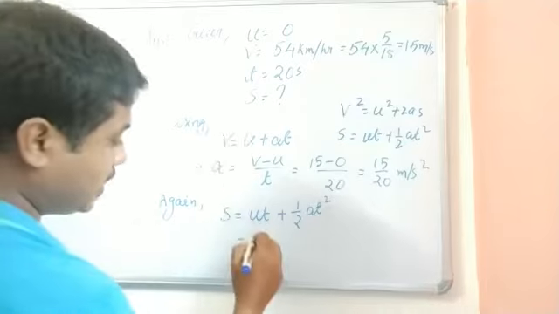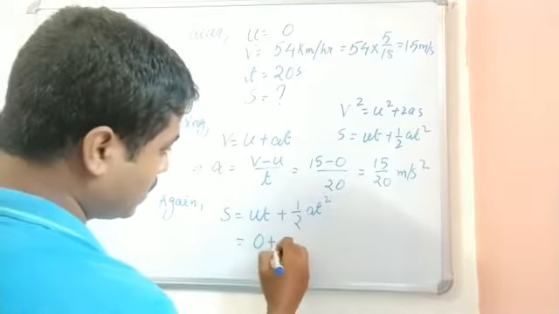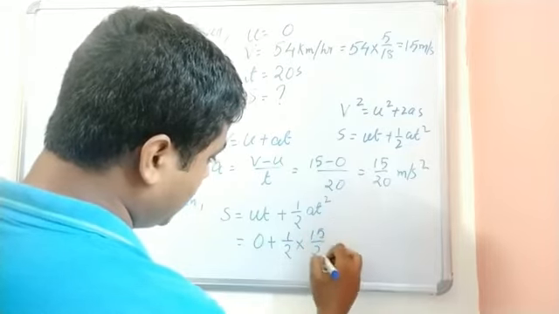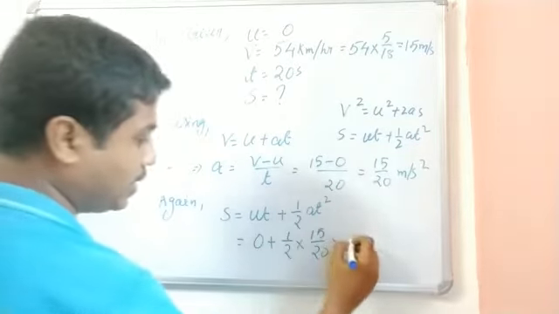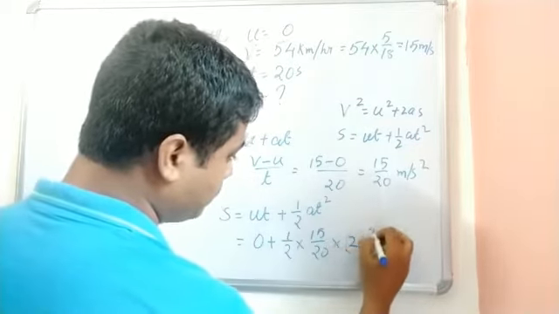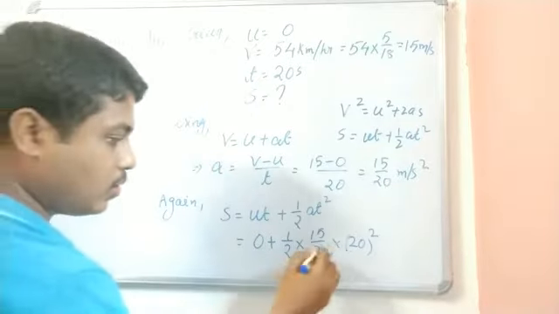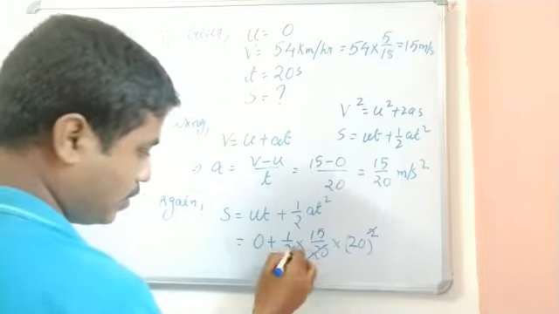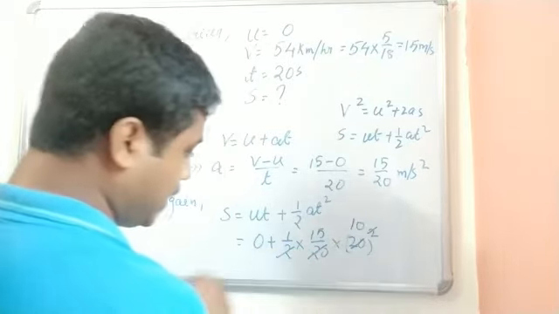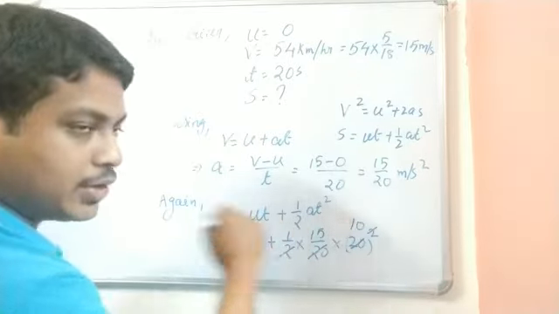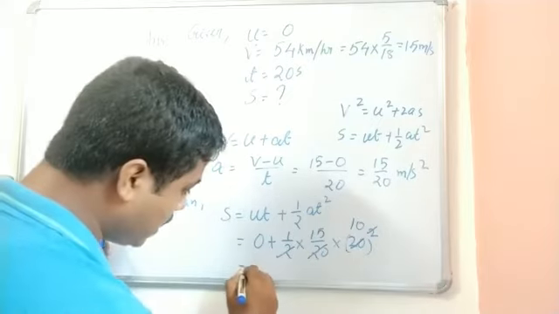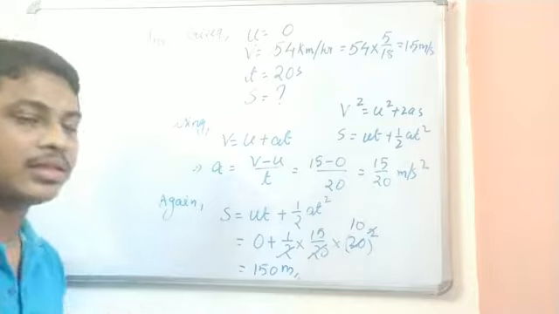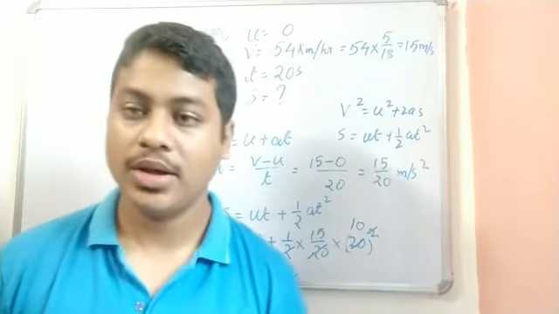Here u is 0, so this will be 0 plus half into 15 by 20, and the time square, time being 20, so 20 square. Cancelling out, 2 tens are 20, so we are left with 15 into 10. So the answer here will be 150 meter. This is the answer for the second question.